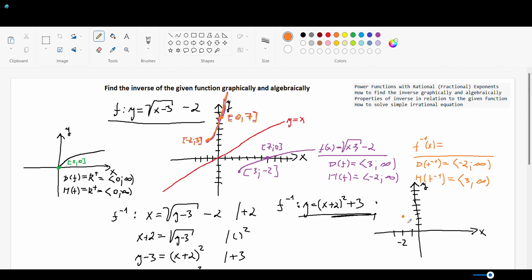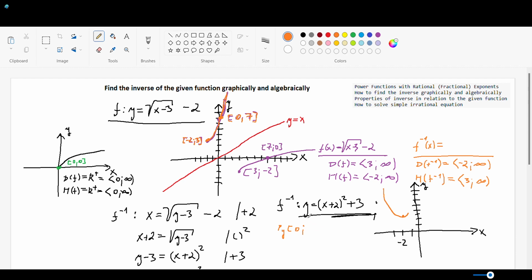So this is the vertex of my parabola, and here is something important to mention, and I will explain how to find it out even if you are not finding the inverse graphically. As we know, the graph of this function is a parabola, so we would draw the chart like this. Again, the question is where is the intercept with the y-axis? As we already know, the intercept with the y-axis has the first coordinate 0.